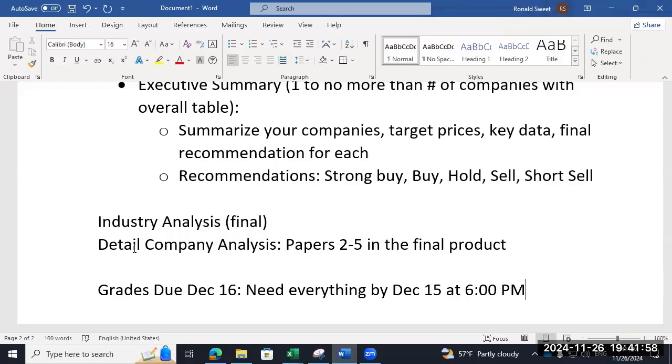That's kind of the latest I can go. But when I say everything, I mean everything. So that includes the regrading, all that kind of stuff. So maybe the last thing you submit is your team's paper 6. If you have one team member that's still making edits and changes, then that person is going to be on the hook to make their changes so you can get into your final paper.